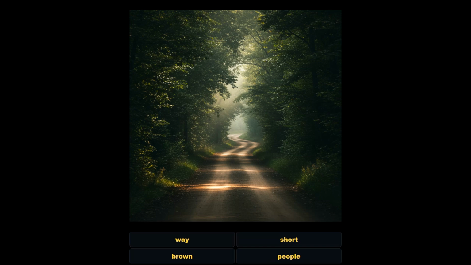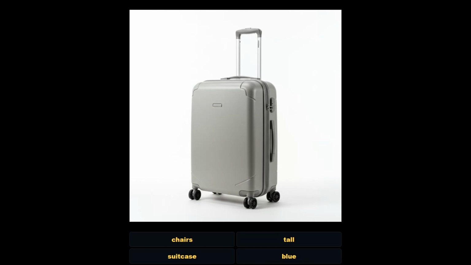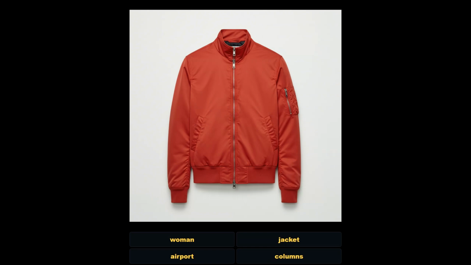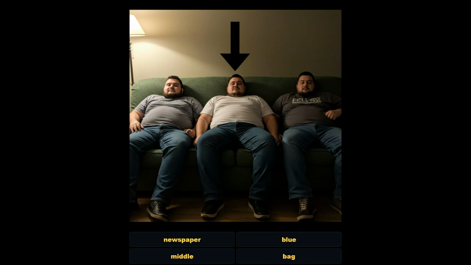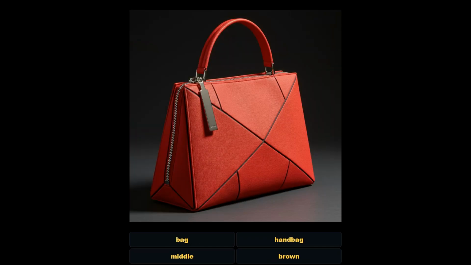What is that? That is a way. What is that? That is a suitcase. What is that? That is a jacket. What is that? That is a man sitting in the middle. What is that? That is a handbag.